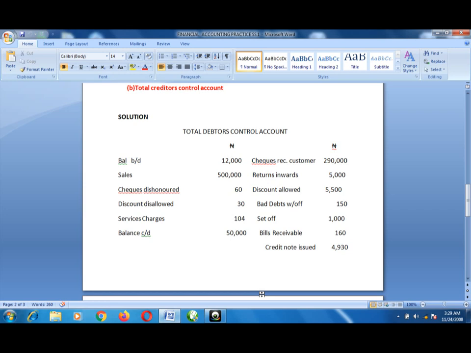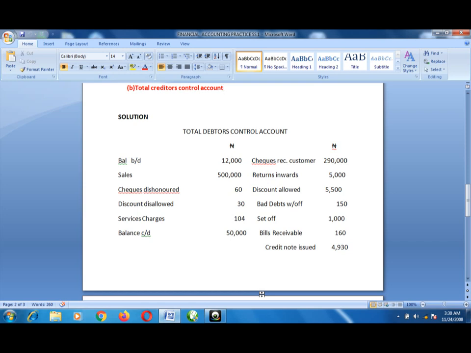And you now look through all these items. What are the items that will be on the debit side, and what will be on the credit side? On the debit side of the debtors or sales ledger control account, you look for the credit sales.